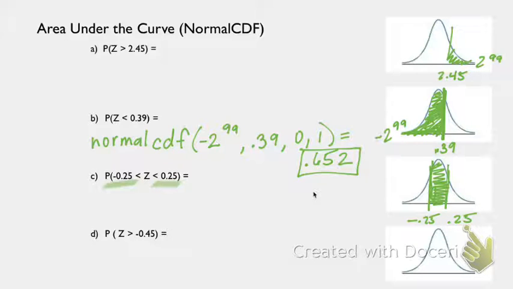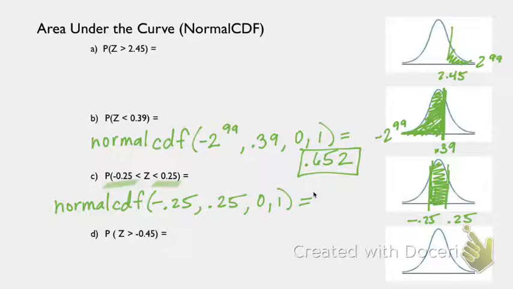No. So I would type in normal CDF, and my lower bound would be what? Negative 0.25, and my upper bound would be positive 0.25. My mean and standard deviation are what and what? 0 and 1. Good. And what do you get?